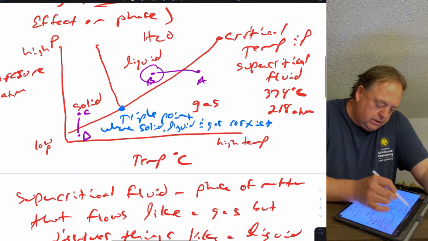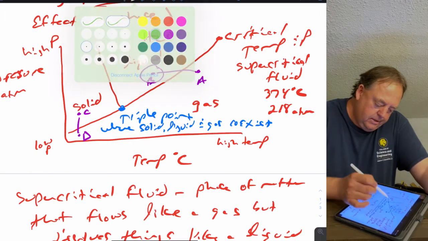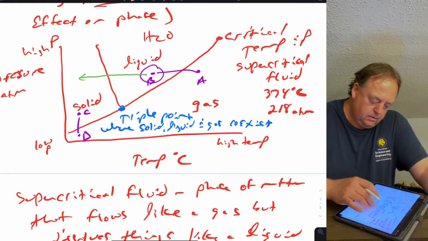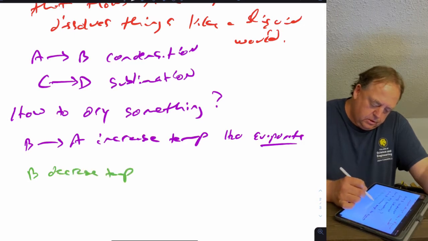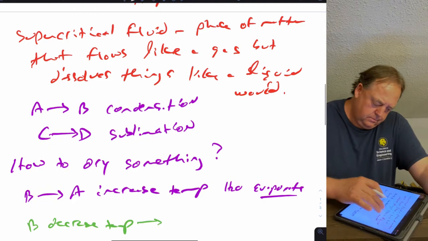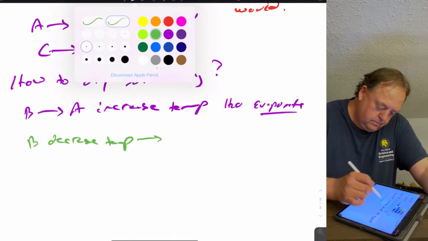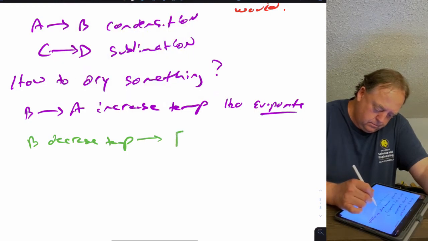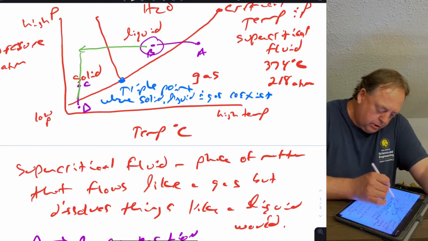And the other way to dry something would be, you could go from B and decrease the temperature. So go to point, I'll call that point E. And then after you decrease the temperature, then decrease the pressure.